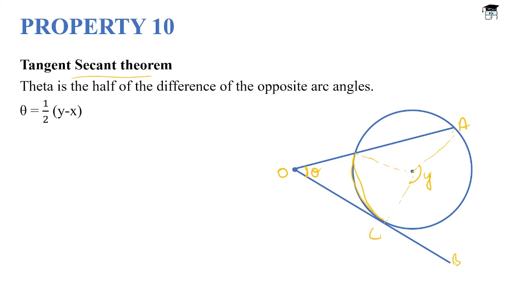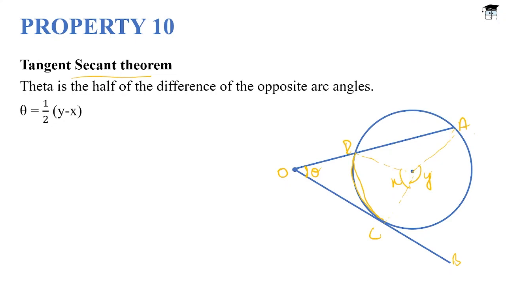Let's say this point is C. For arc AC, the angle is Y. Let's say this is D. For arc DC, the angle is X. You have to be very careful because we are talking about two arcs opposite to theta, that is DC here and AC here.